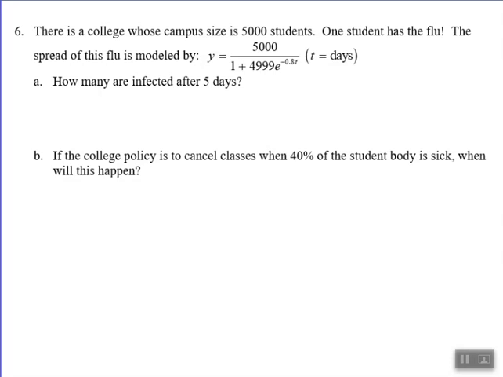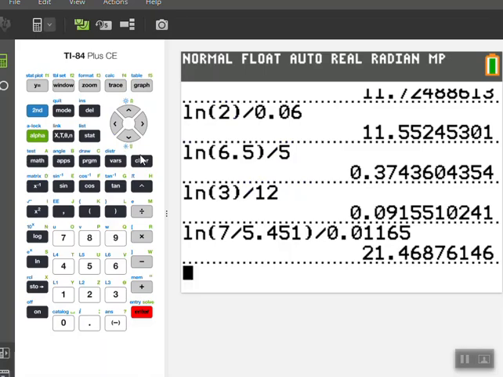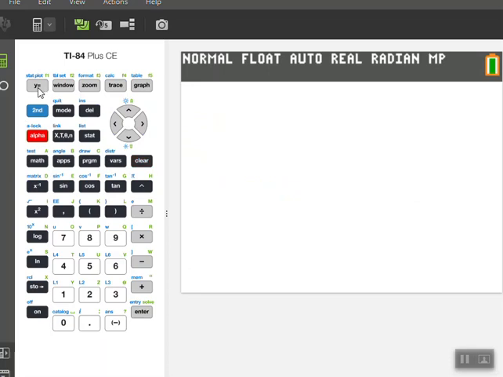So, part A says how many students are infected after 5 days. Well, this just means that we are plugging in 5 for t and evaluating our function. And then we just need to plug this in the calculator. I think it's helpful to use the fraction button for this problem.